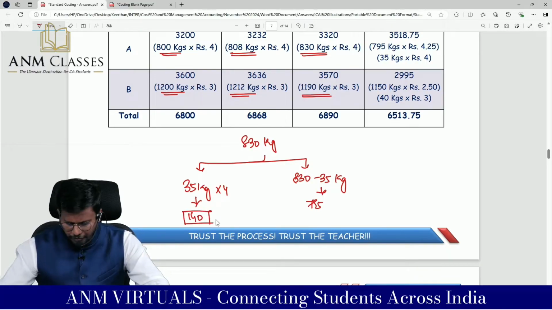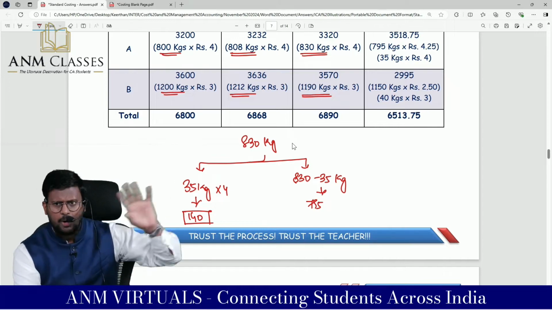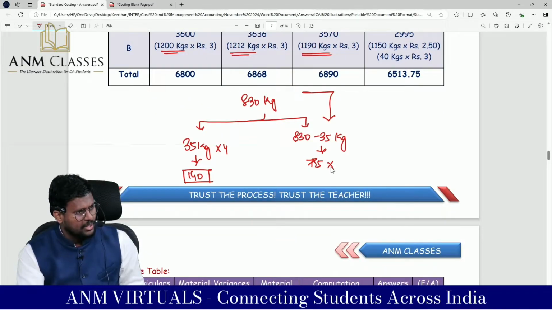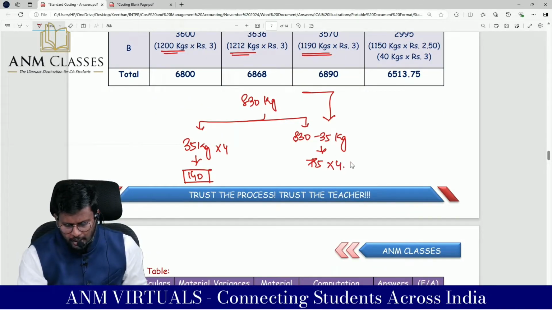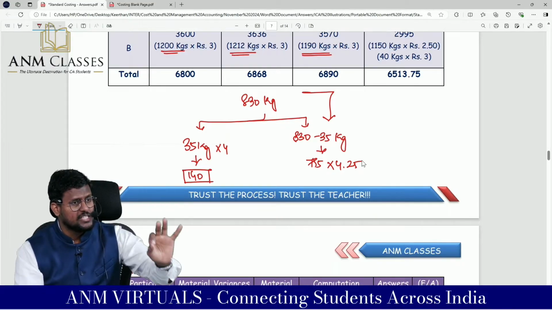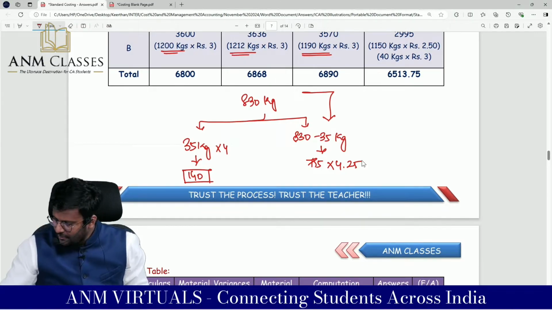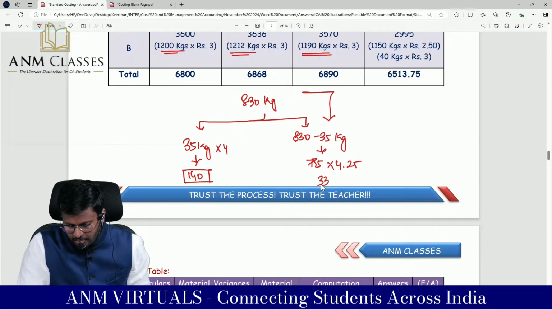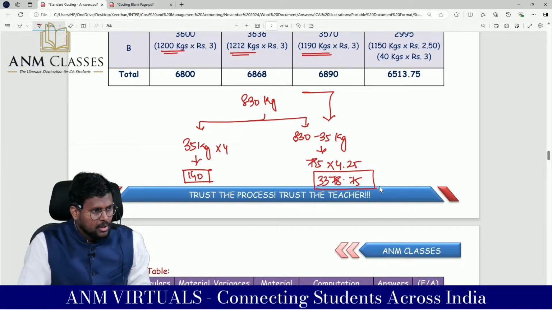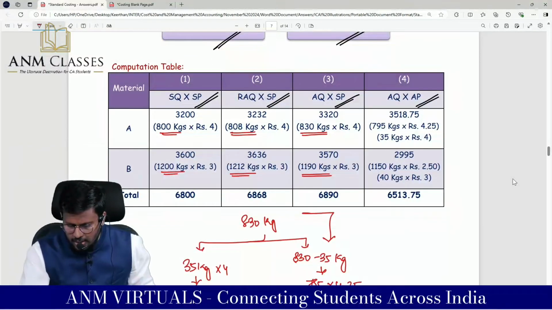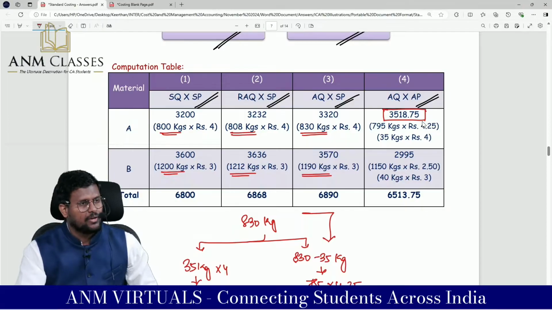Now, sir, out of 830 kg, 35 kg is from the opening stock. So 830 minus 35 comes to 795 into 4.25, which is the actual price for the latest purchases. 795 into 4.25 comes to 3378.75. Plus 140, the total comes to 3518.75.